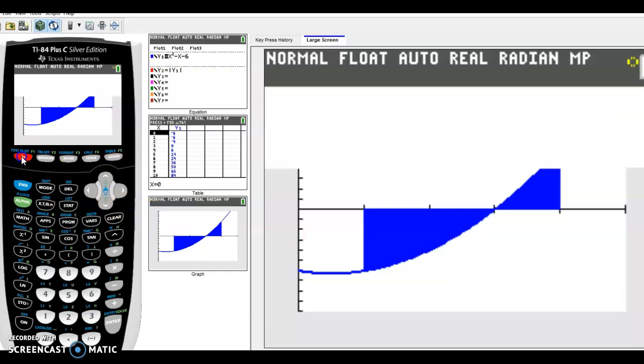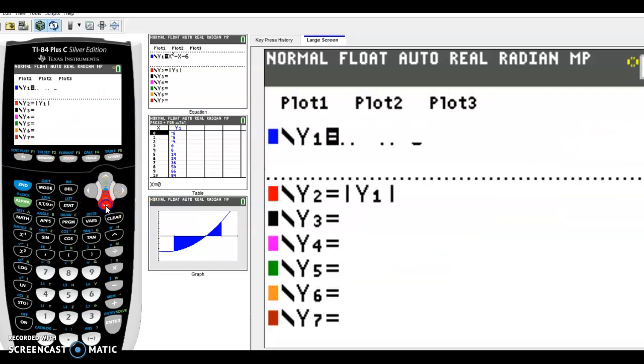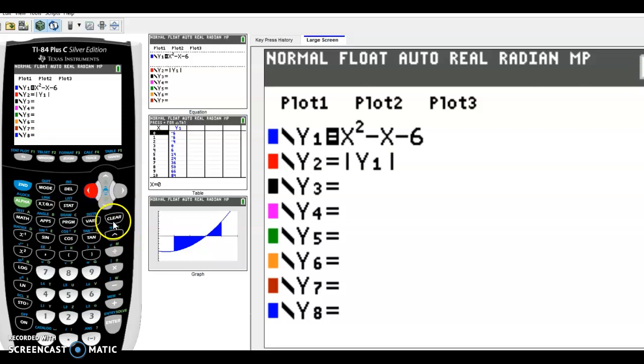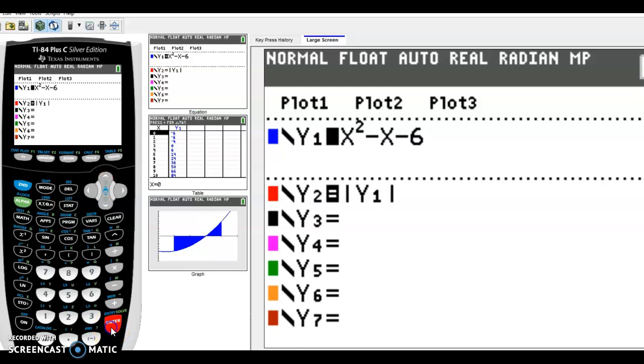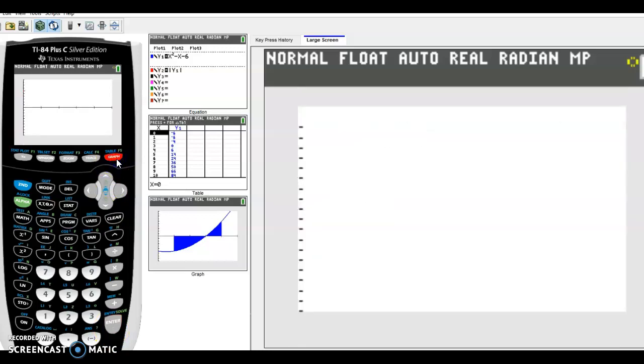The other way we could do this is we could use the absolute value curve here. So I'm going to turn this one back on and turn the original curve off so you can see the graph.